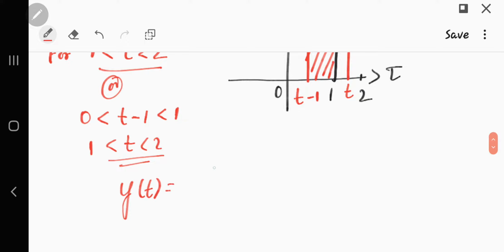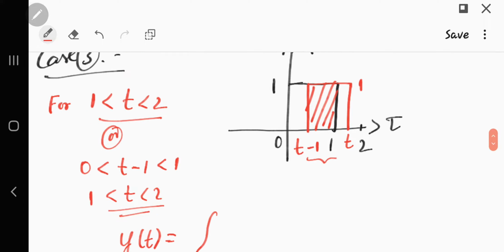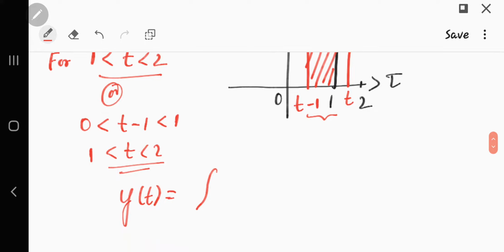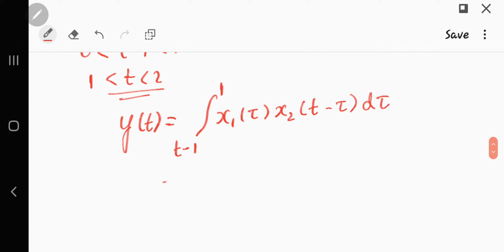Y of t is equal to, now the overlapping region is this, that is from t minus 1 to 1. So t minus 1 to 1, x1 of tau, x2 of t minus tau d tau. So this is the overlapping region.